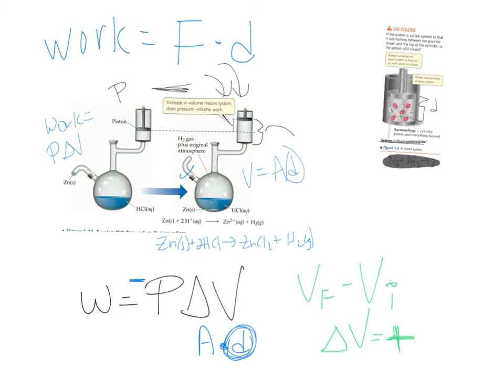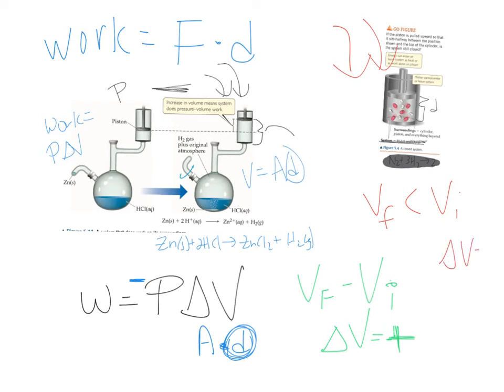And if the opposite were true, if we had a completely different picture, and our final volume was less than our initial volume, that would mean that the atmosphere had pushed our piston down. So that would mean that the atmosphere did work on our system, or work was done on our system.